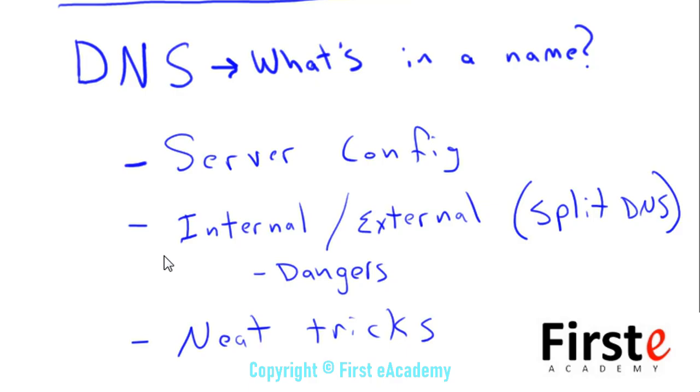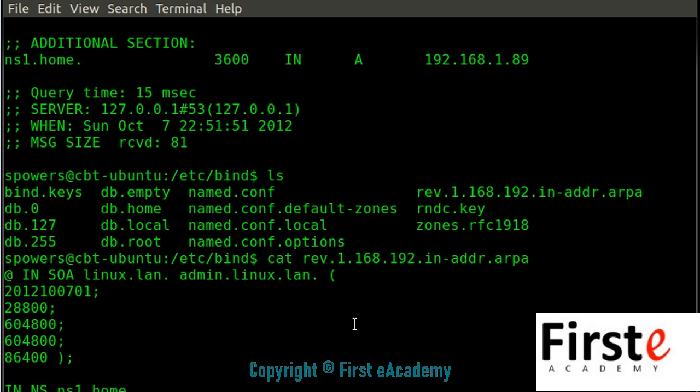So the next thing I want to talk about is this internal external split DNS thing. Now, this may sound like a big deal, but it's not really that big of a deal, and it's super simple to do for individual computers. So basically what we're talking about, let's go back to our computer here. All right.